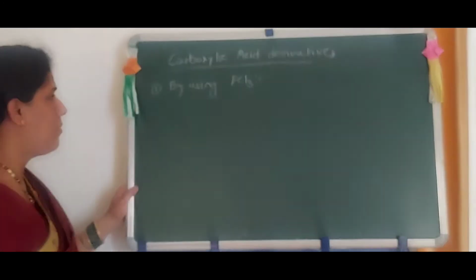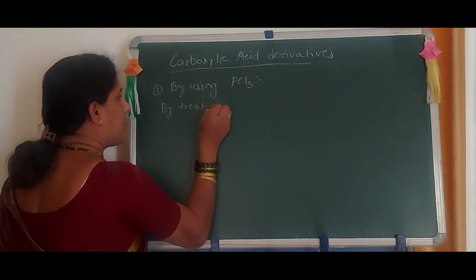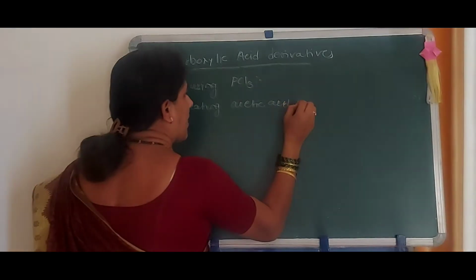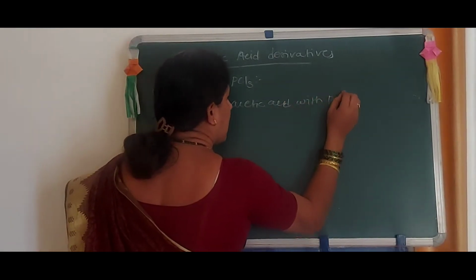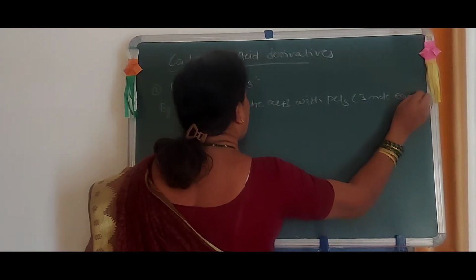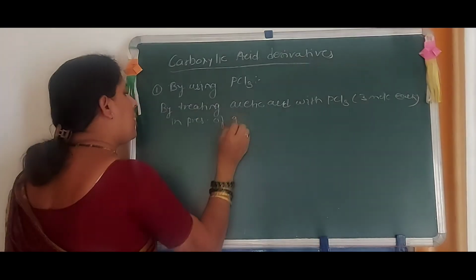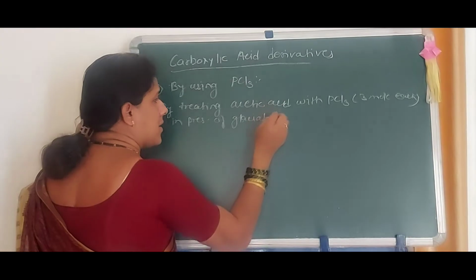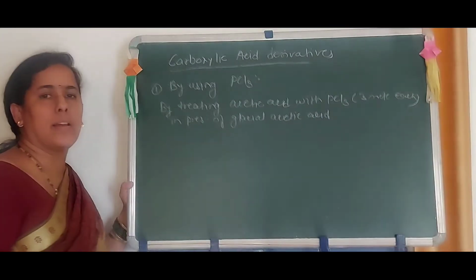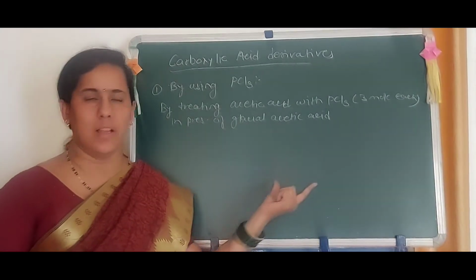Acetyl chloride is obtained by treating acetic acid with PCl3, 3 moles, in presence of glacial acetic acid. Glacial acetic acid is a strong acid which is used in the preparation of this acetyl chloride.